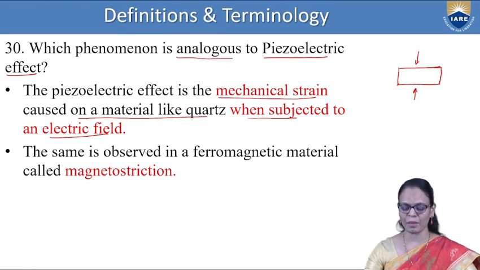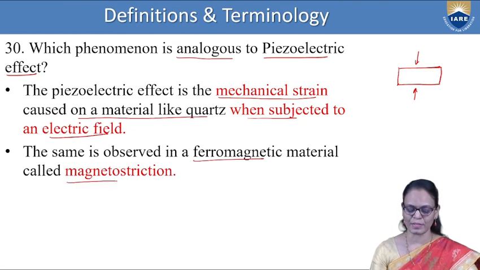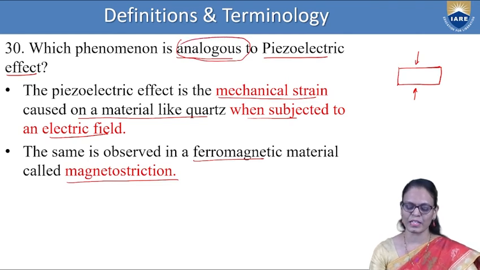If the same is observed in a ferromagnetic material, we call it magnetostriction. So the piezoelectric effect is analogous to magnetostriction in a ferromagnetic material.